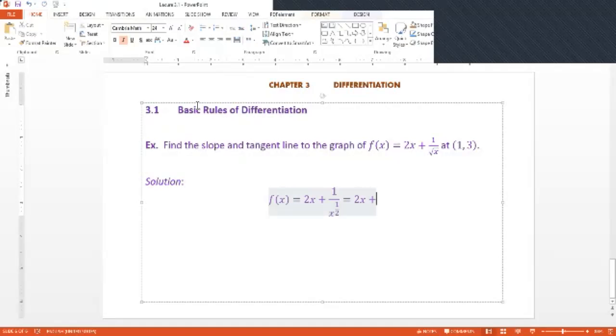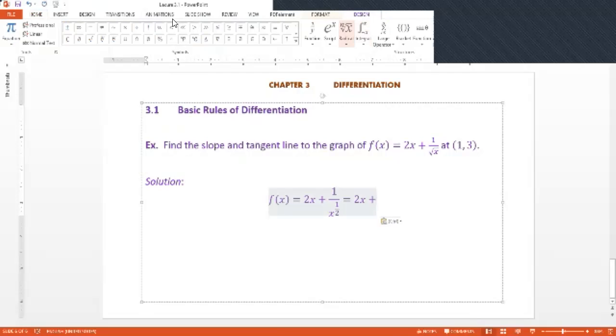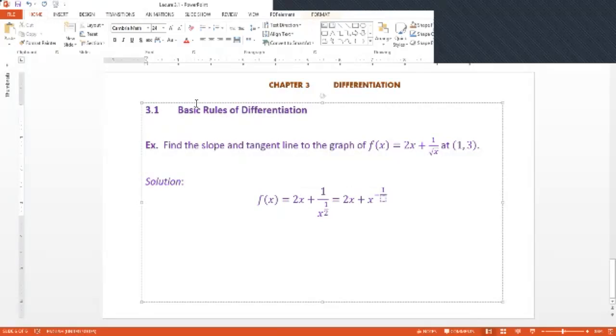You just change the exponent to the negative, from the bottom to the top.